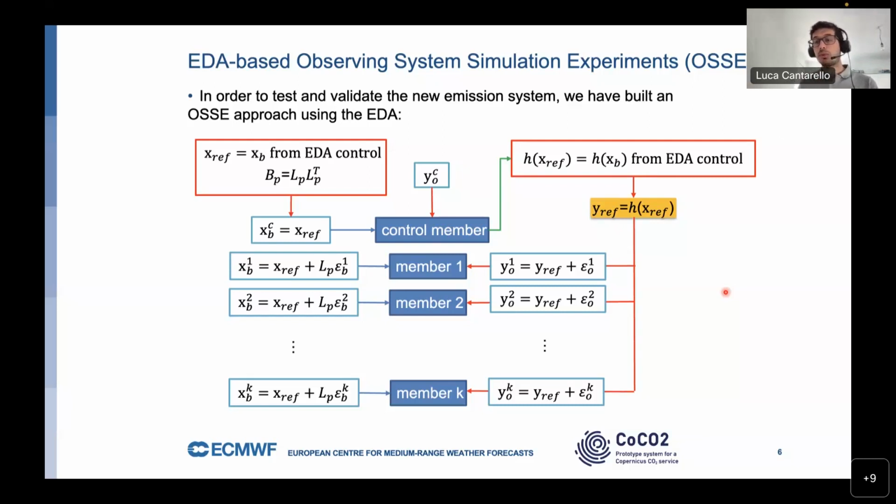So the ensemble will assimilate synthetic observations coming from the control member, and use the emissions as they are in the inventory, plus perturbations. In this way we have more control on what we are doing, and we can do some checks, and I'll show some very early results in a couple of slides.